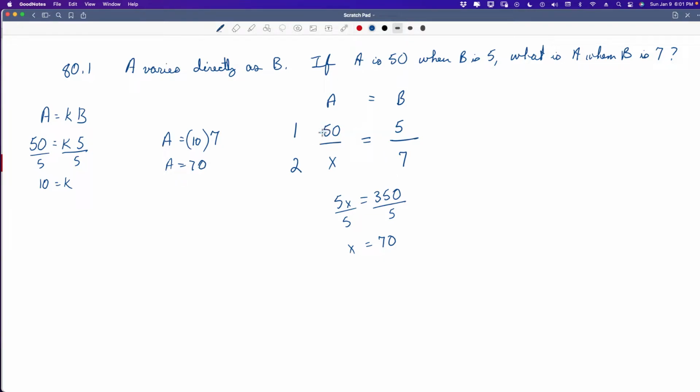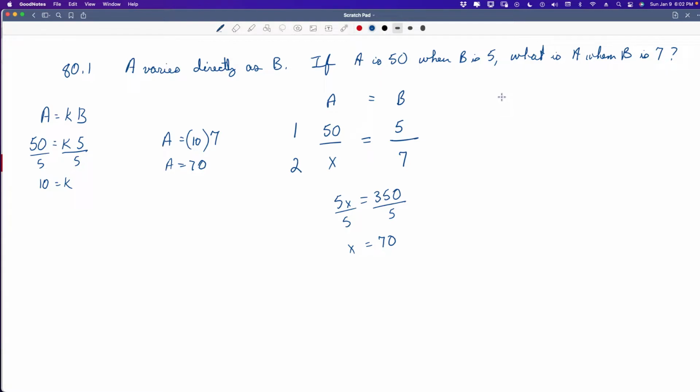The only thing you have to remember, again, is the setup. You keep the same event on the same row and the same characteristic or identity on the same column. And it doesn't matter how you set it up, you're going to get the same answer.